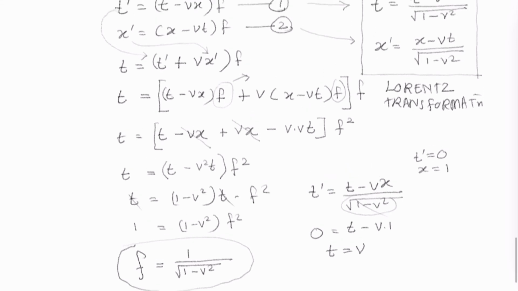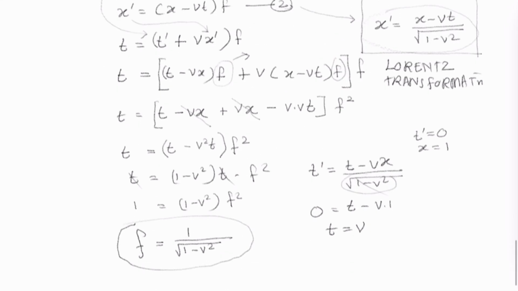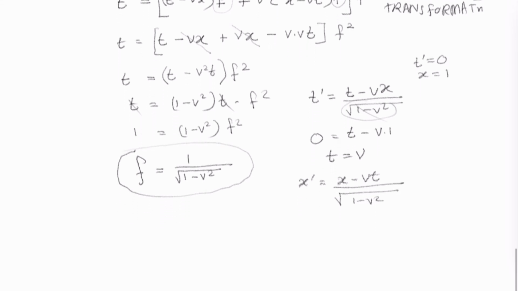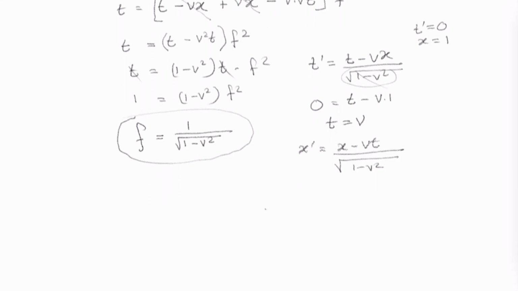So let's substitute t equals V into the second equation. x bar equals x minus Vt over the square root of 1 minus V squared. So x bar equals 1 minus V squared over the square root of 1 minus V squared. So x bar is the square root of 1 minus V squared.